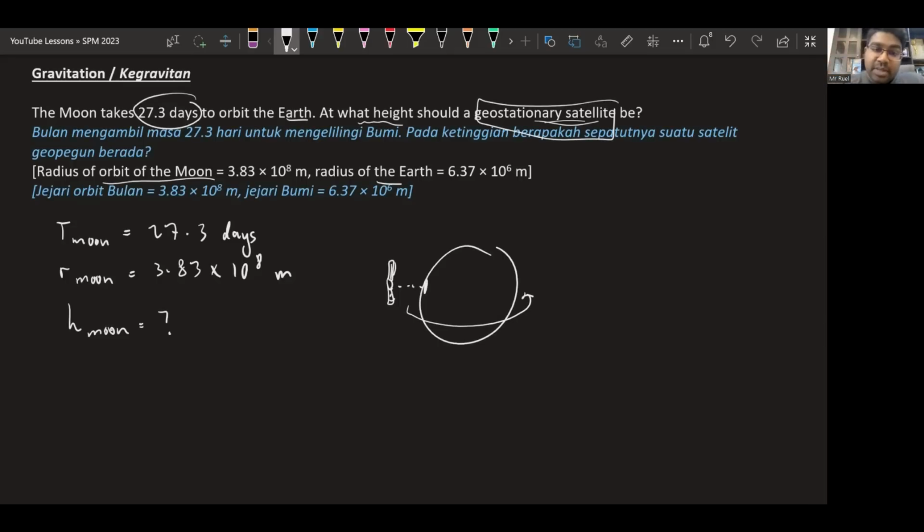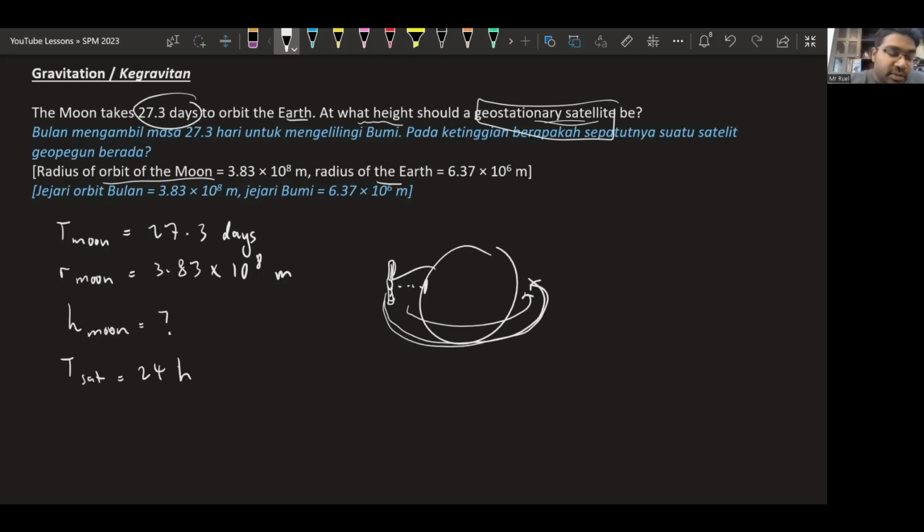So this doesn't mean the satellite is stationary, of course. The satellite is also moving together with the Earth, it's rotating. That means the period for the satellite would be 24 hours.